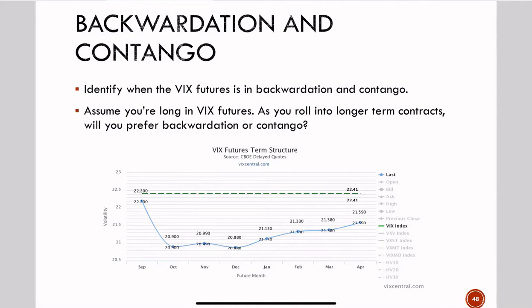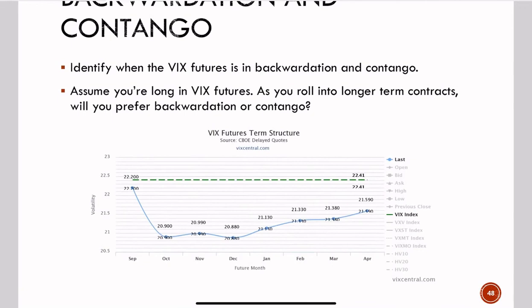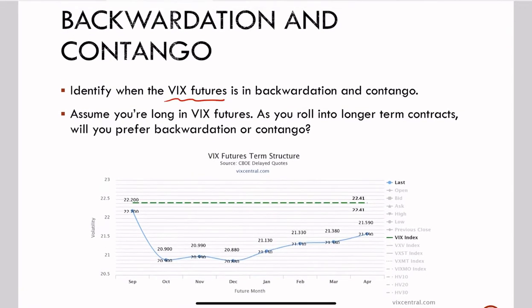Okay, so let's say we are looking at VIX futures. VIX futures is just a futures on the VIX index. What is the VIX index?